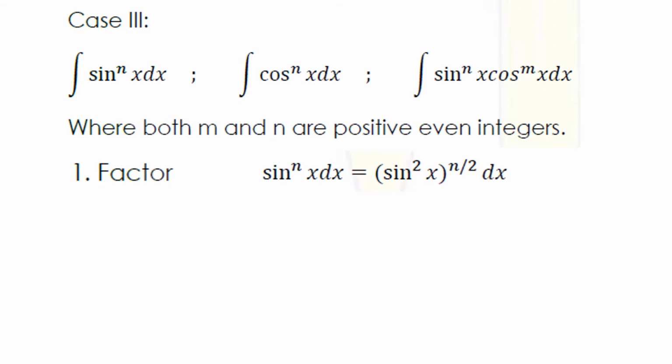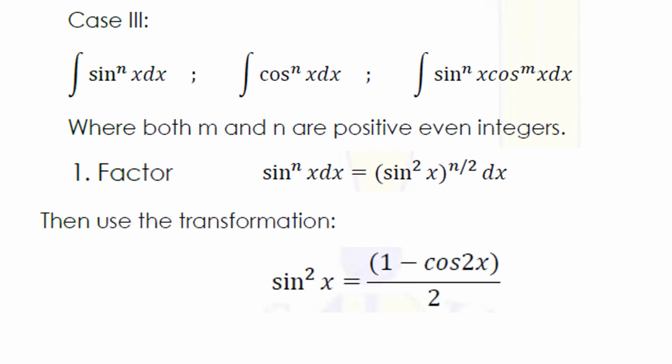The first step is we will factor out in a way that we will reduce our sine function. If it is the sine function that we wanted to simplify first, we will write that as sine squared x, and the whole quantity will be raised to n all over 2 dx.